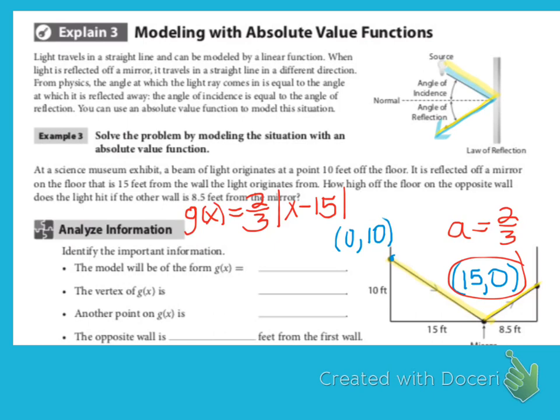The point of why we wrote this equation is so that we can use the function to find out how high up on the wall this is actually hitting. We can plug in whatever that x coordinate is for x, and then find the output, which is the height. This x coordinate is the whole length, which is 23.5, if we had 15 and 8.5.